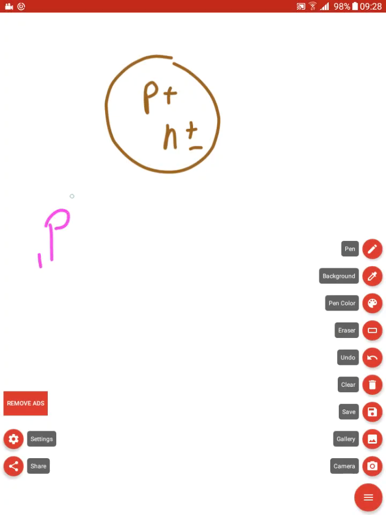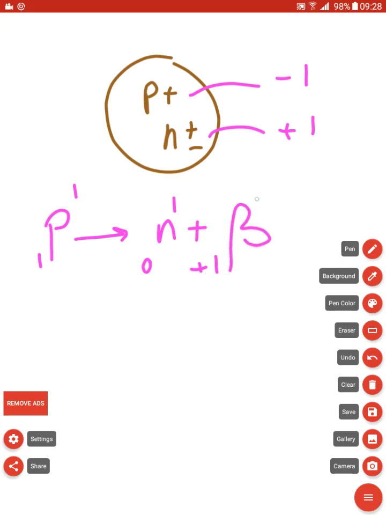We have a proton changed to a neutron. So the number of protons decreases by 1 and the number of neutrons increases by 1. But the number of nucleons will not change. So here we have a positron ejected outside plus a neutrino.